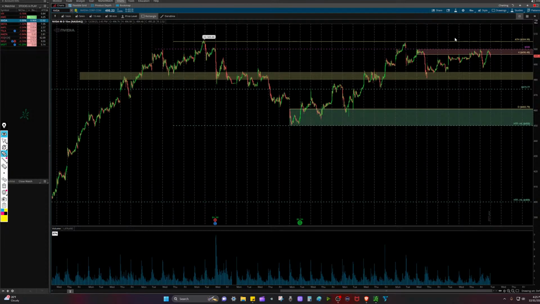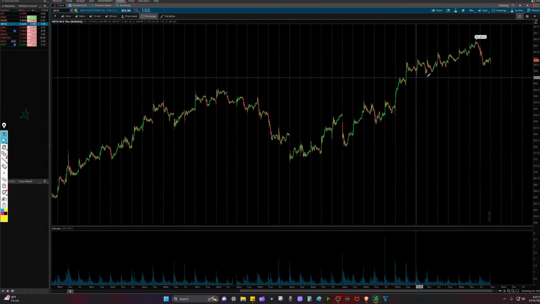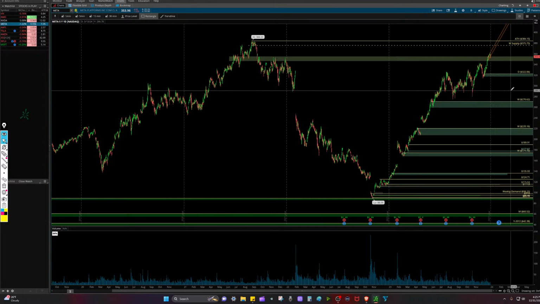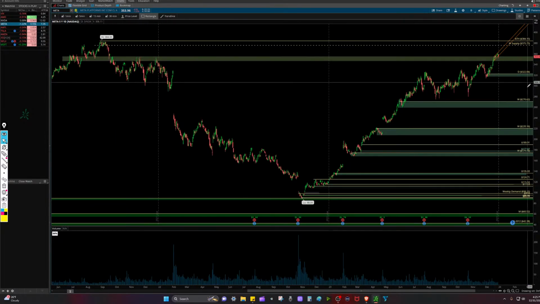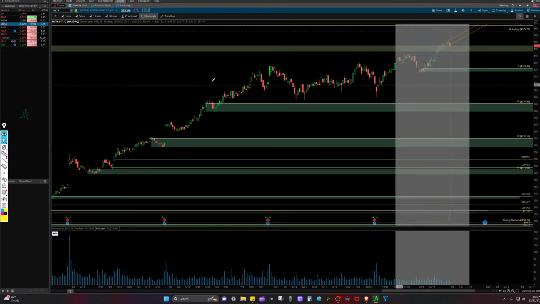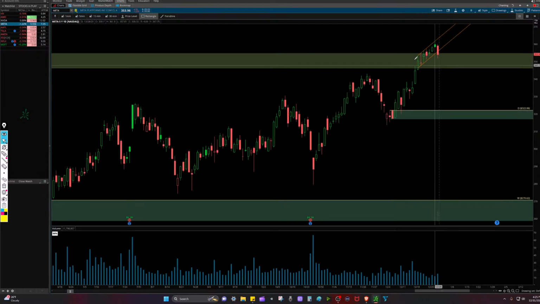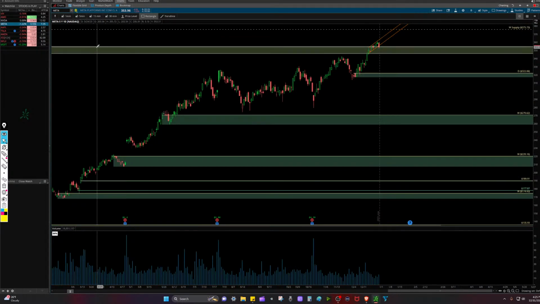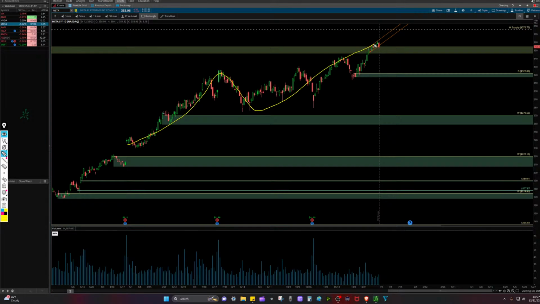Okay, moving on. Let's go to Meta, daily time frame. This is a gray zone here. What I was analyzing before looking at this channel was that this made very consistent higher highs, right? It broke that gray zone.